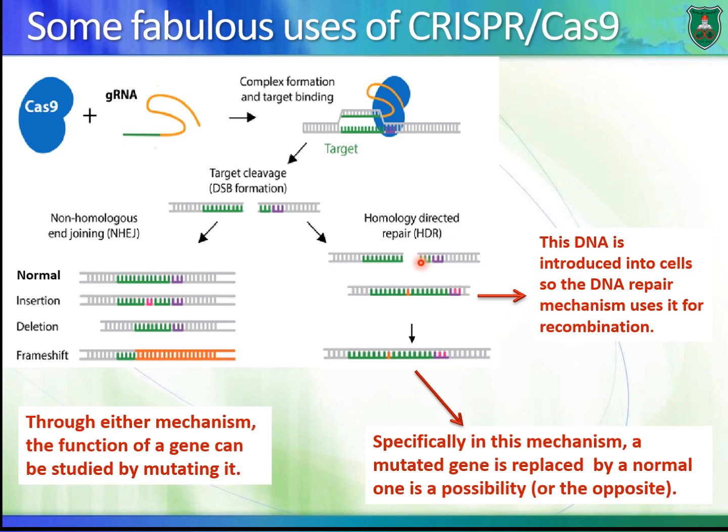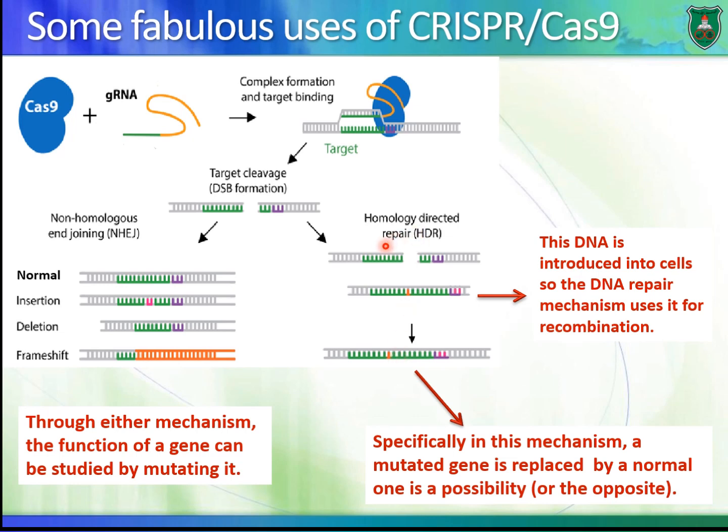So what we do, in fact, is that if you have double strand breaks in the chromosome and the homology repair system is activated, the repair system uses the homologous DNA that we have introduced by inserting it into the DNA. Okay? So what happens here is that we can truly repair our system.